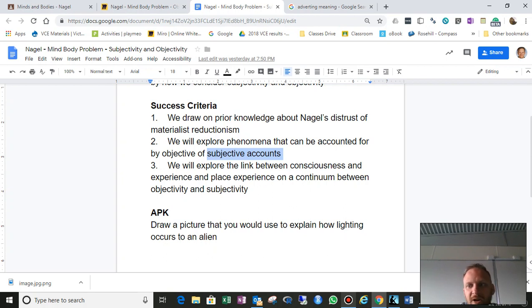The quality of phenomenological experience, or the quality of the point of view, is not really included in the materialist account of what's going on. Okay, so we could argue that experience involves both. It involves a partial aspect of an objective account, but a large aspect of a subjective account.